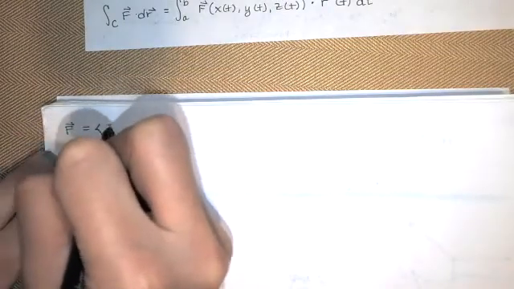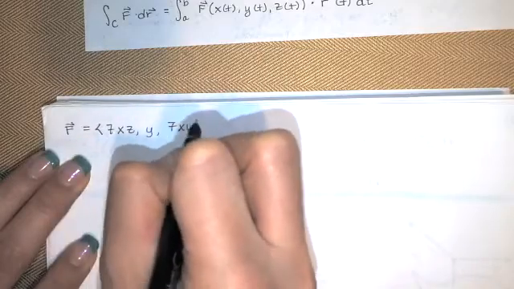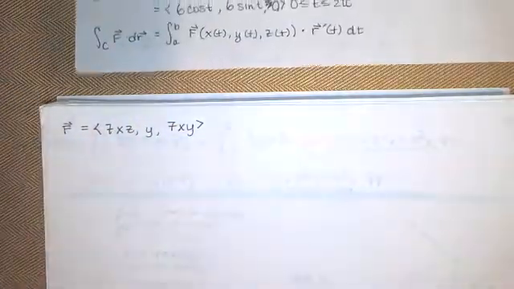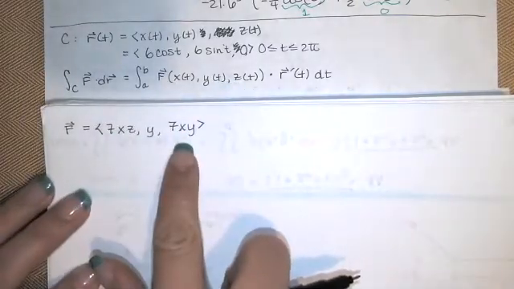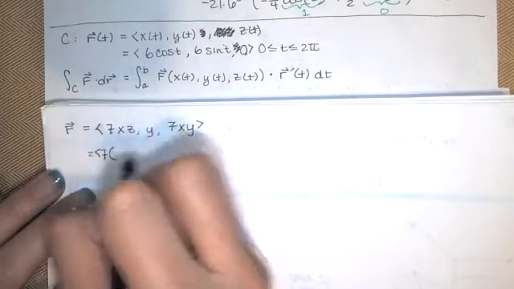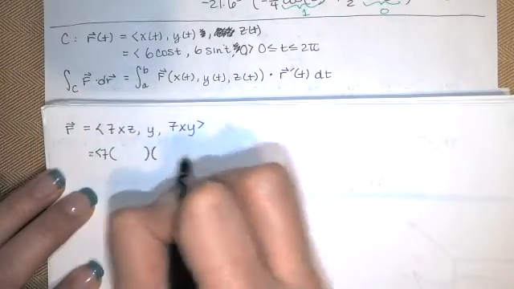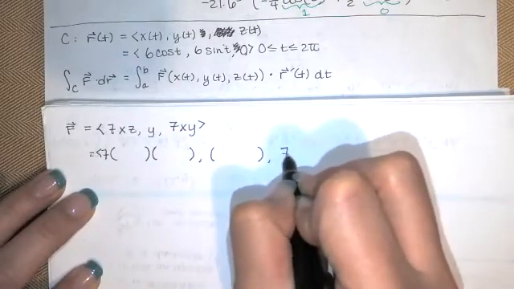Remember, our field looked like this. In order to evaluate this, I need this in terms of t. So I need to replace x with 6 cosine of t, z with 0, and y with 6 sine of t.